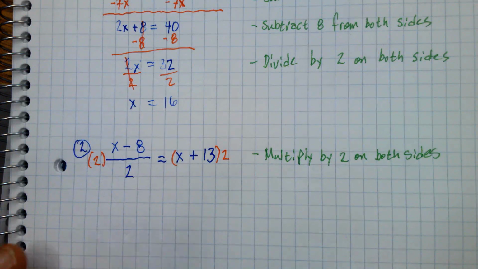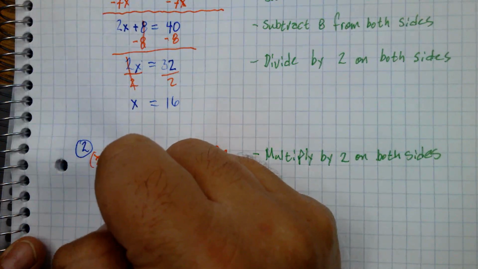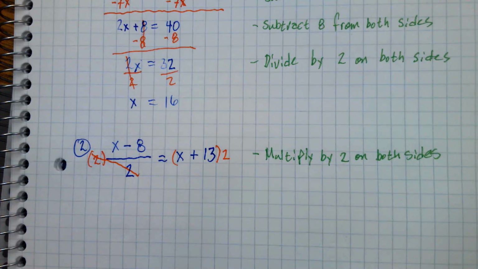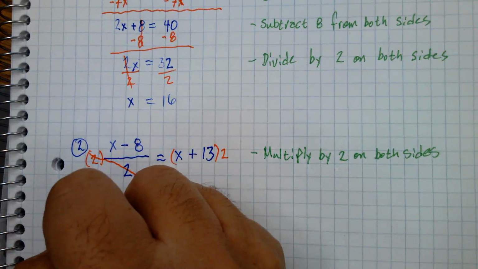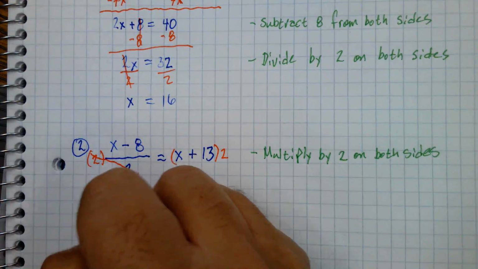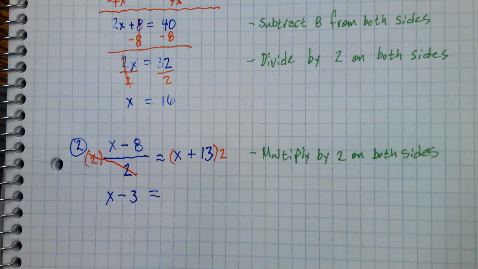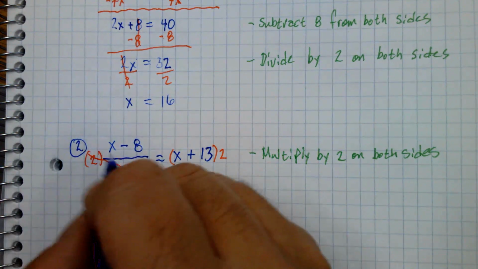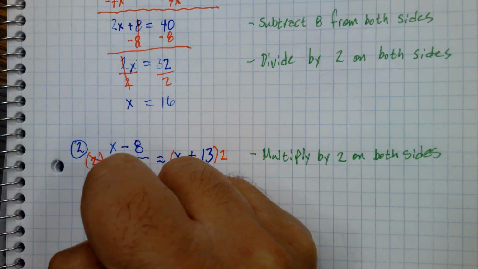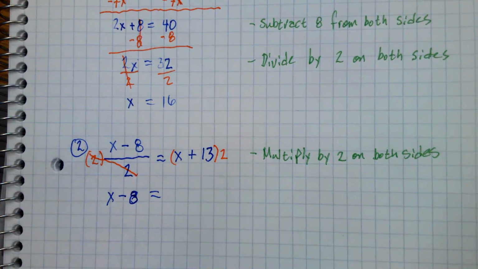And so we're going to multiply by 2. That would get rid of the 2 in the denominator. Mission accomplished. No longer have that. We have x take away 8 equals, on the other side we have to multiply 2 by both of those. Isn't it x take away 4? Oh, take away 8. Thank you. Sorry. x take away 8. I apologize.